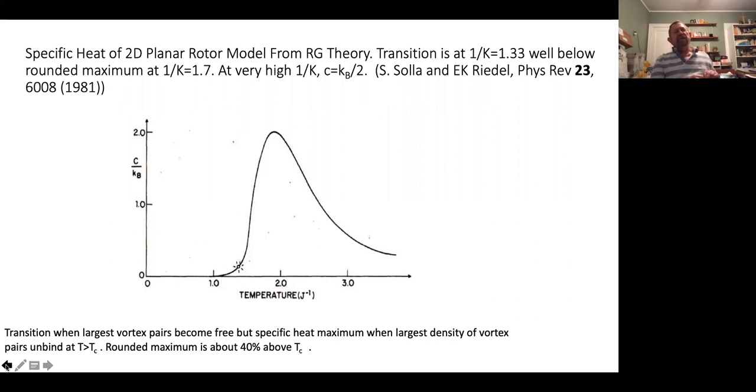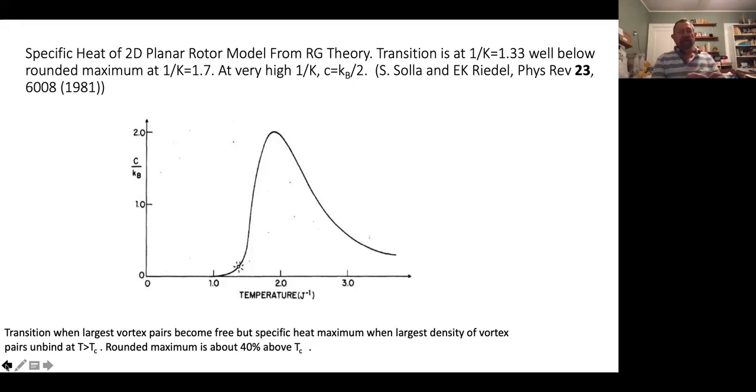Some of the predictions are experimentally measurable, and can be measured very accurately, and agree with the theoretical prediction. And there are various other predictions one can make which are not really experimentally measurable. After all, it's not easy to measure the specific heat of a thin film of superfluid helium.